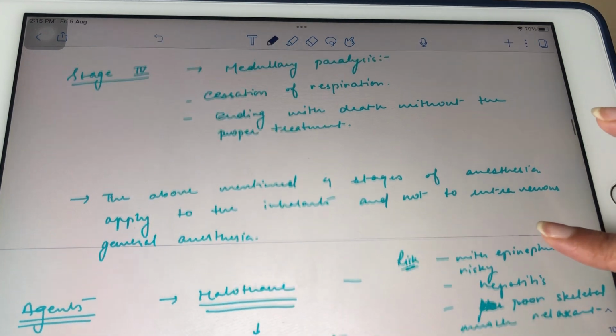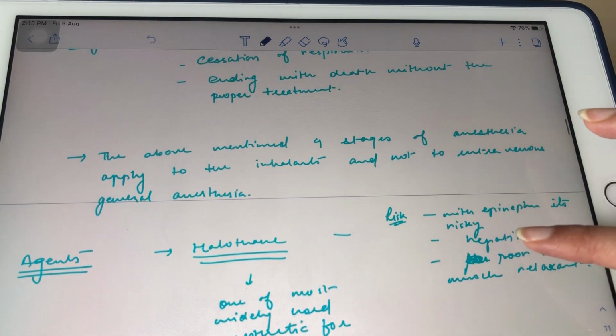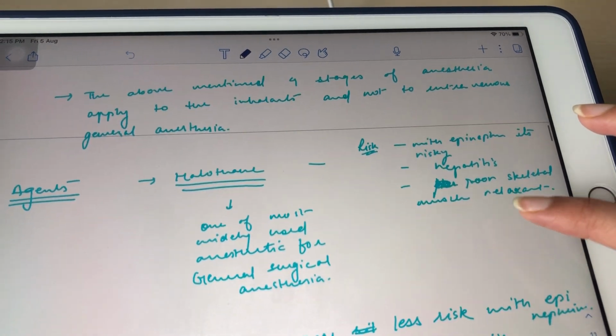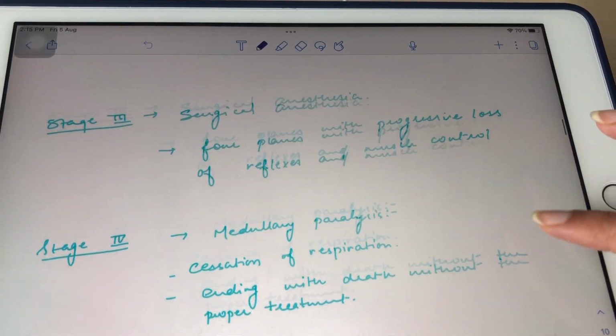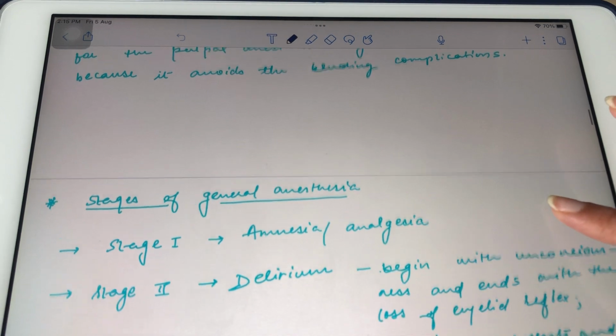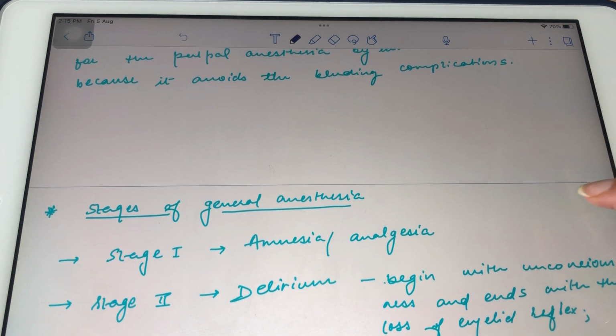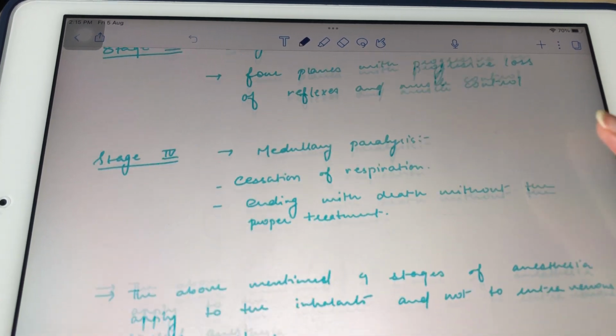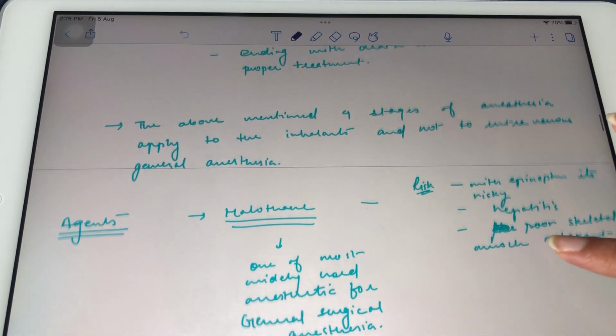The above mentioned stages are for the inhalational general anesthesia rather than intravenous general anesthesia. This is not for the intravenous general anesthesia but the inhalational general anesthesia.